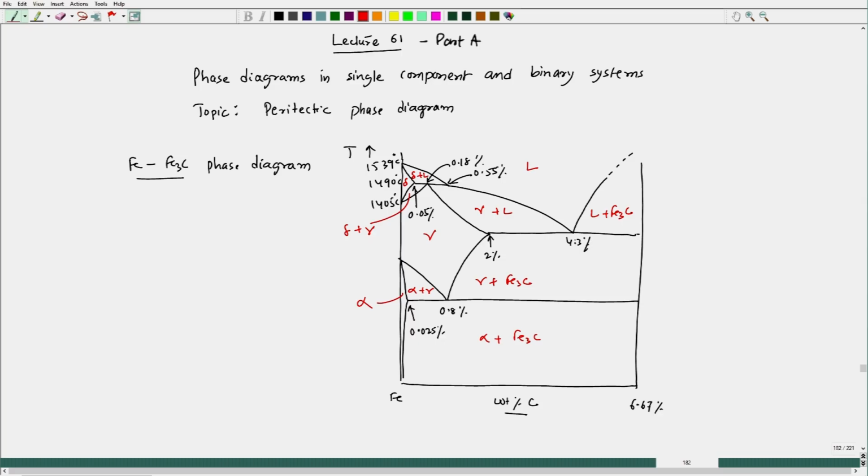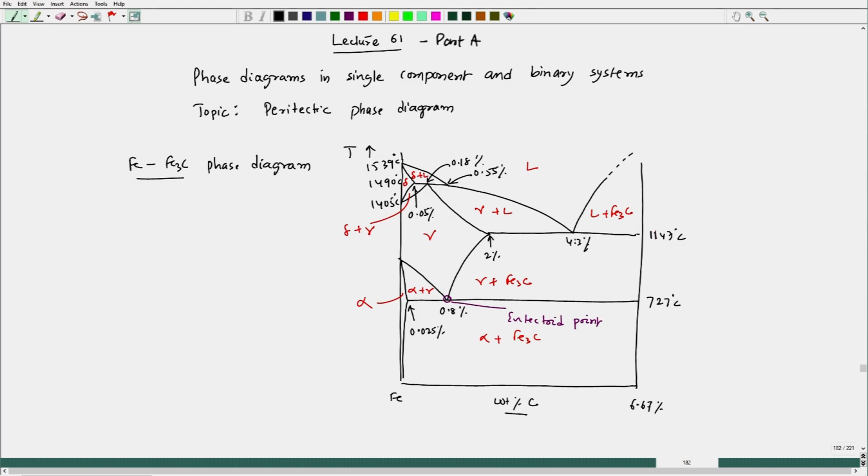This is the eutectoid point, and two more temperatures we have to follow. It is 1147 degrees Celsius, and this is 727 degrees Celsius, around that.